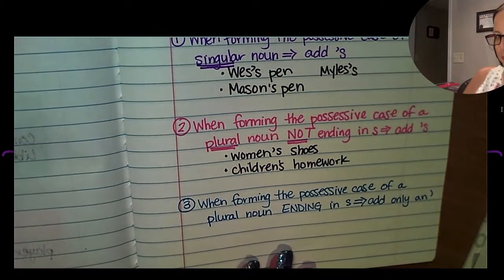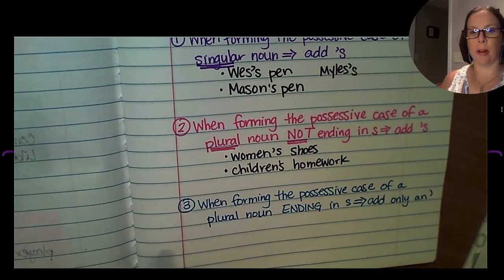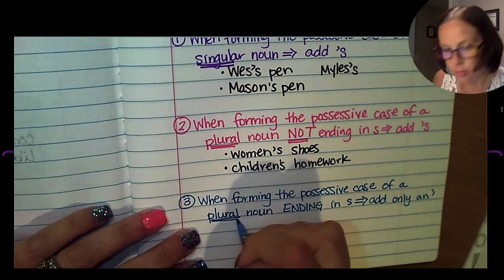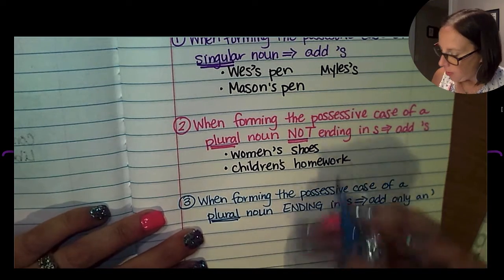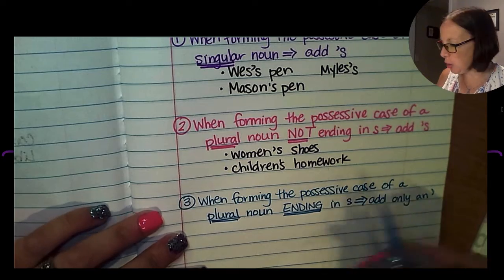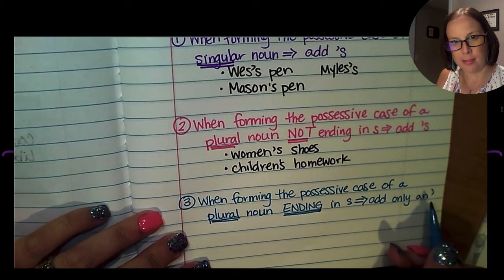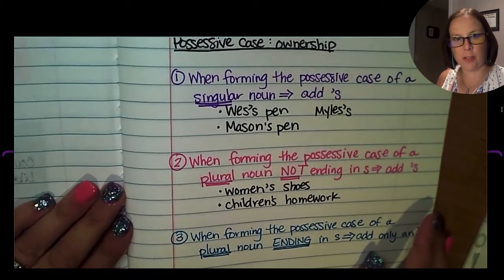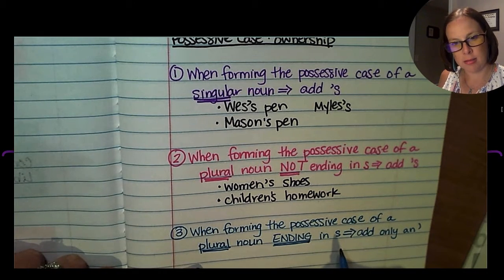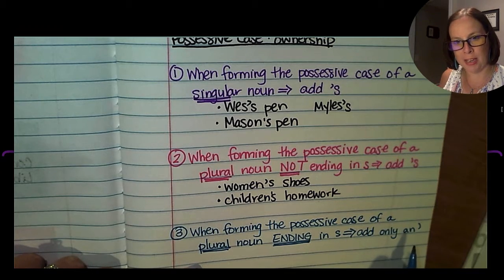Okay, so the last rule is when forming the possessive case of a plural noun that ends in S, all you're doing is adding an apostrophe. So these get confused because the word is ending in S, and you only add an apostrophe.